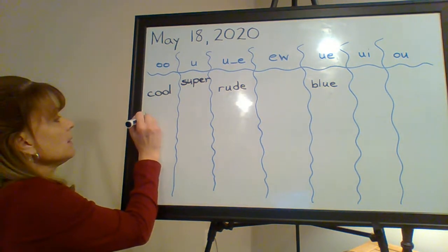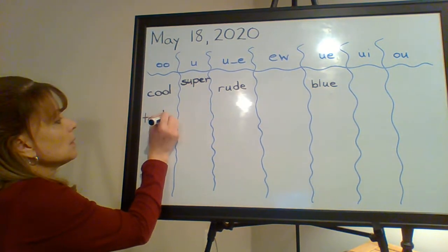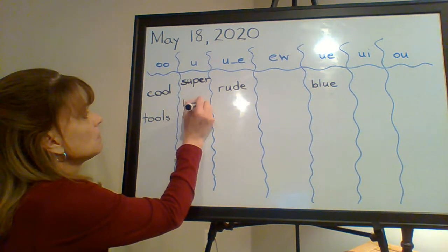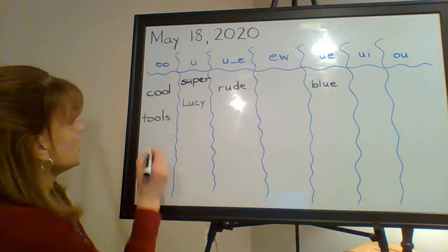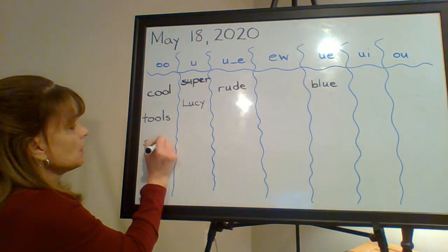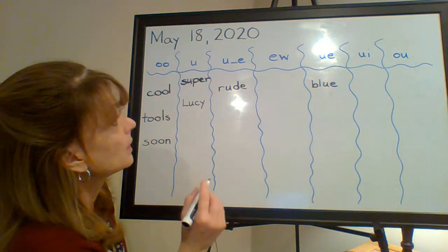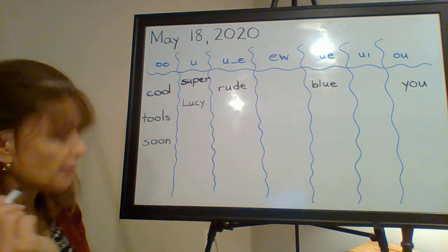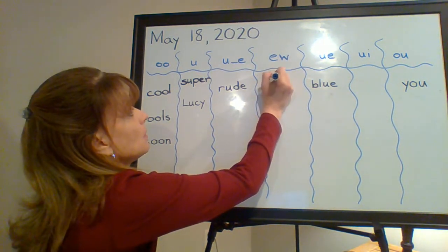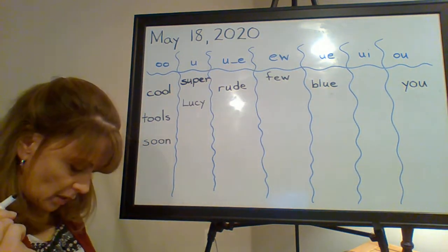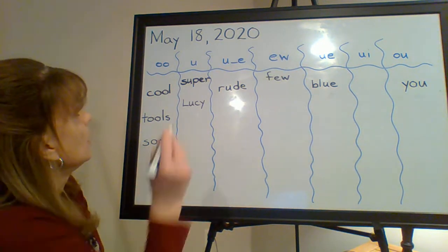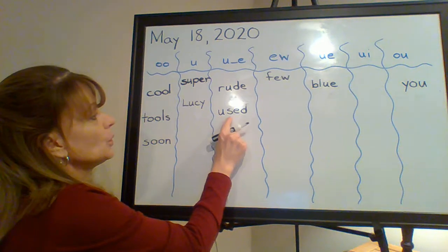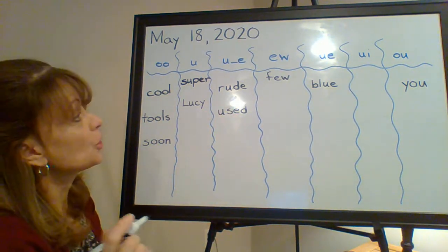We're back over here. Lucy, soon, you, O-U, all the way over here. Few, E-W. Used. U, consonant E. Juice, U-I.